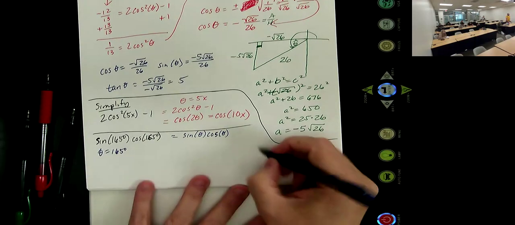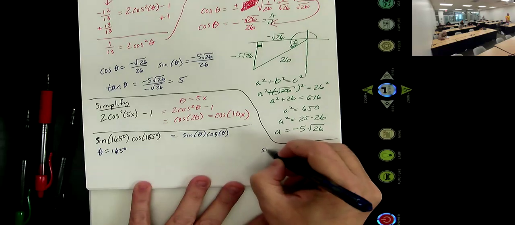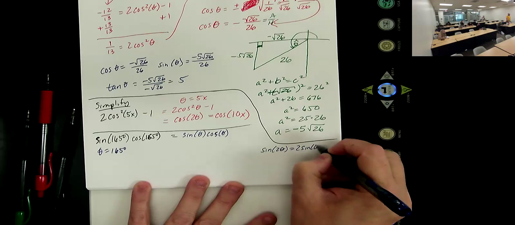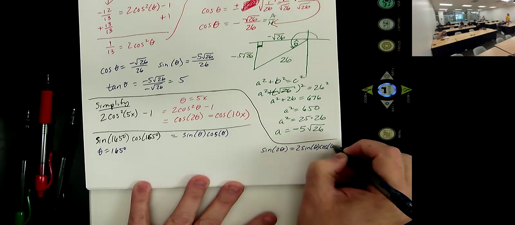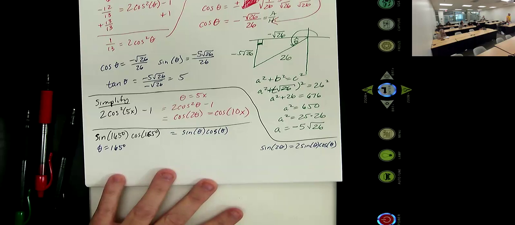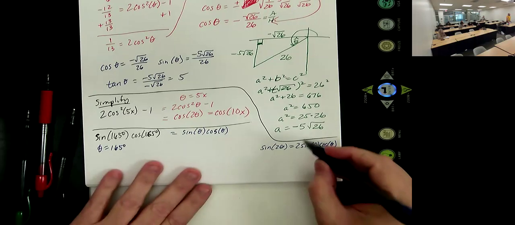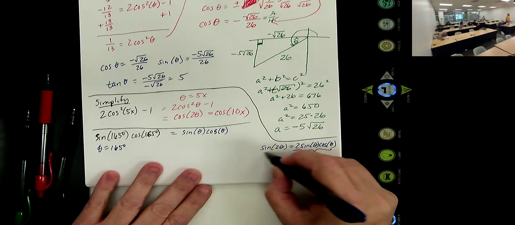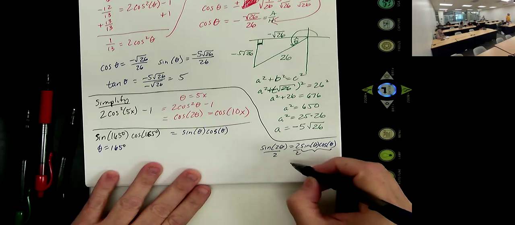And that's pretty close to sine of 2 theta, which was 2 sine theta cosine theta. So if I wanted just sine theta cosine theta, I could divide both sides by 2 or multiply by 1/2.